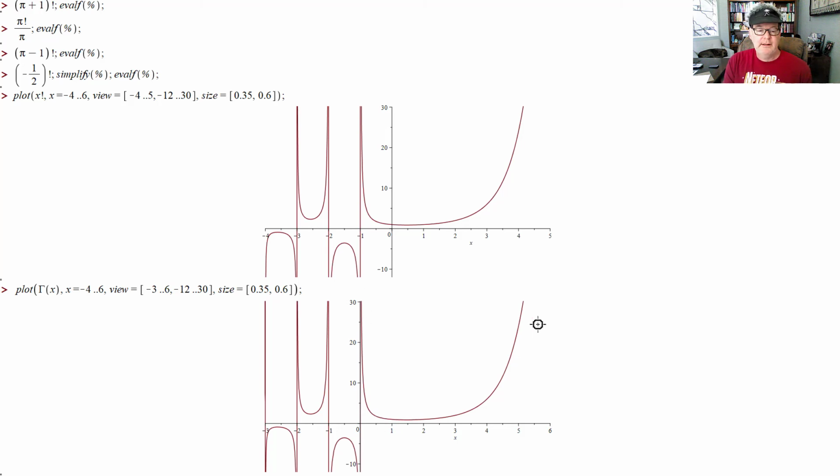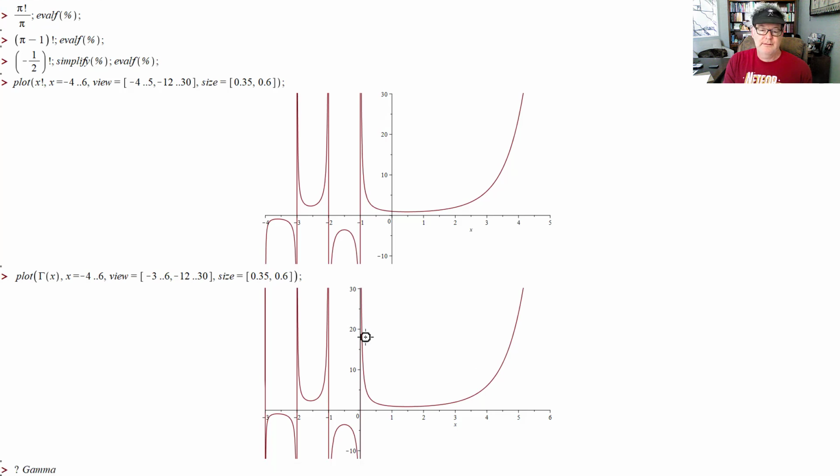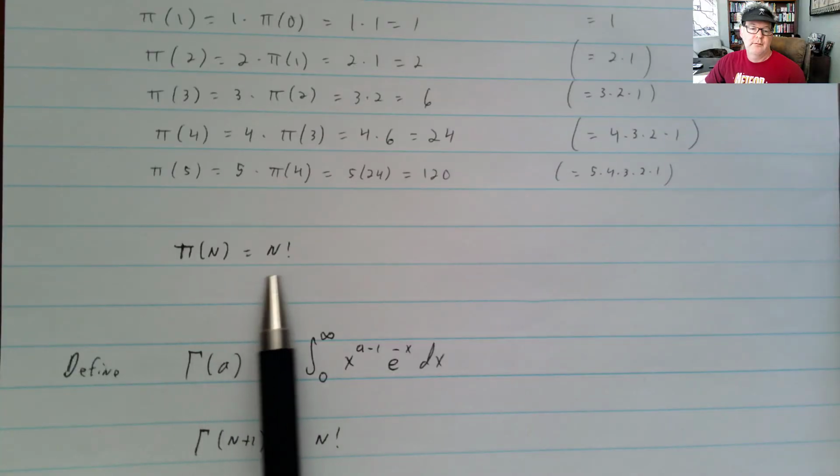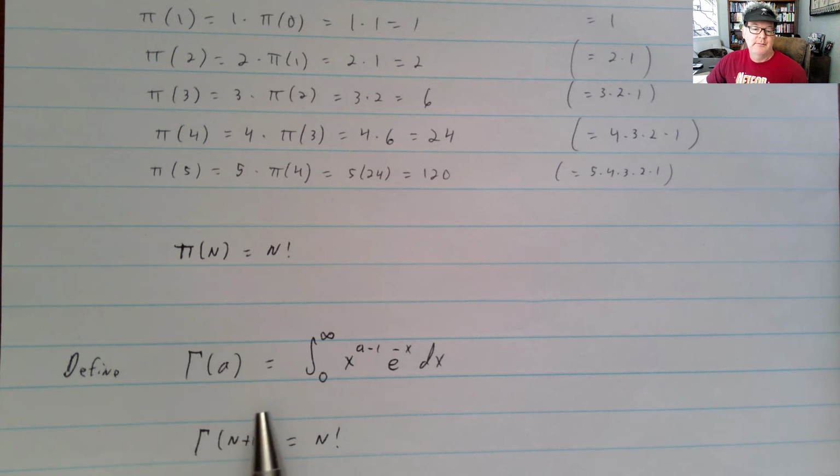I don't really like the fact that it was shifted by 1. Again, with Gauss's version, you have pi of n is n factorial. With the gamma function, instead of x to the a, it's x to the a minus 1. So instead of gamma of n being n factorial, it's gamma of n plus 1 is n factorial. So that's the only difference.